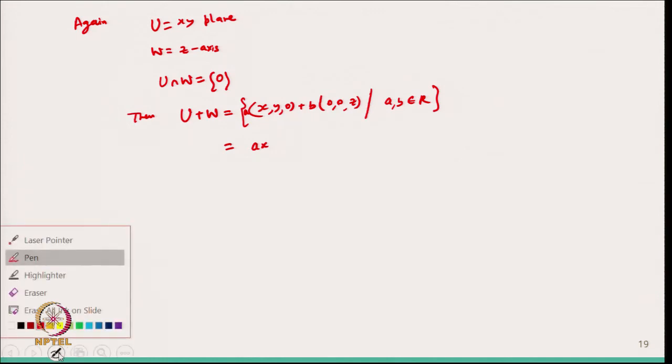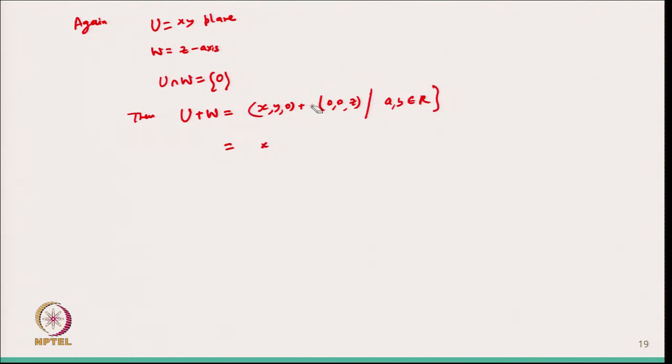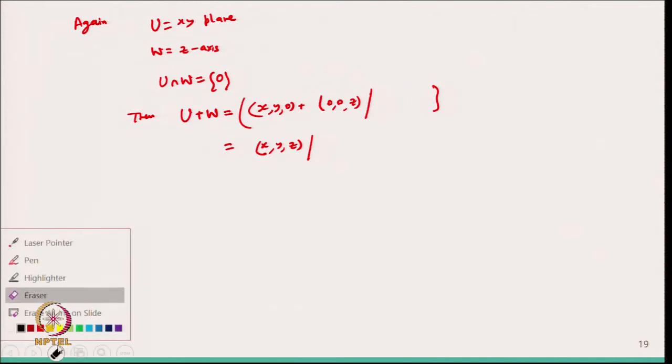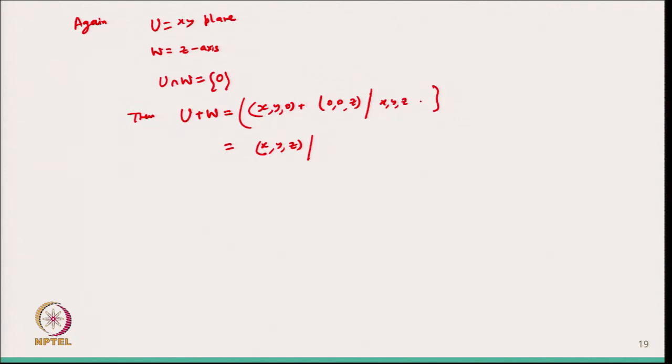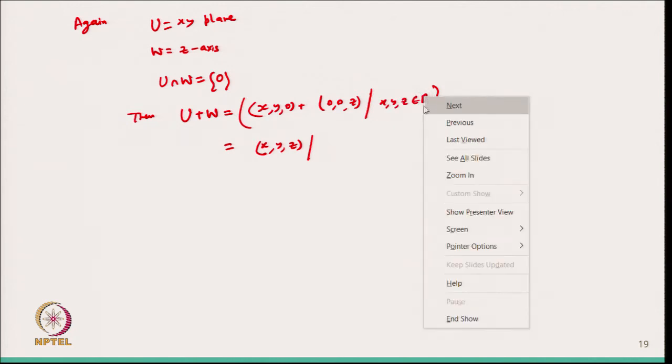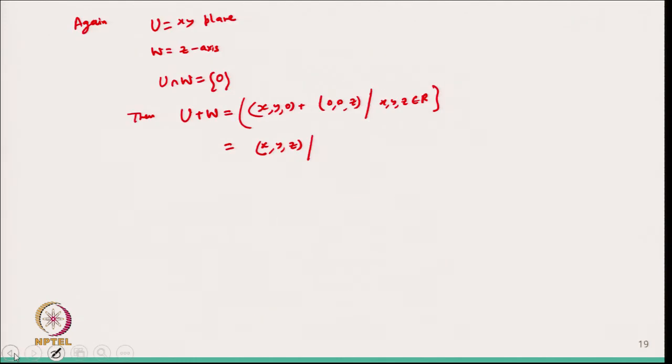So, I can write this as (x, y, z), where x, y, z belong to R. Okay, so I am getting this one, (x, y, z) belongs to R, and this is equal to V3, because it is containing all the elements of V3.